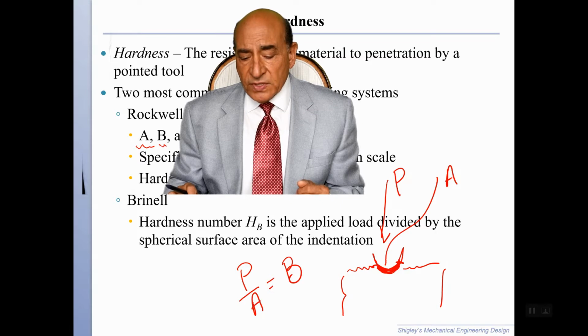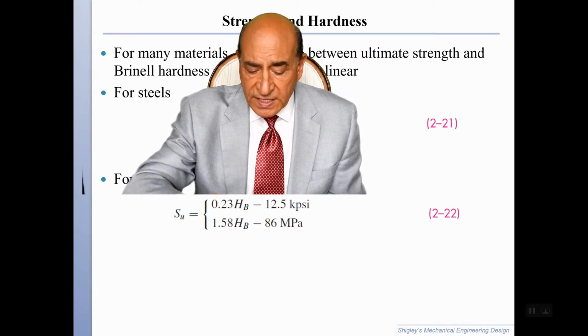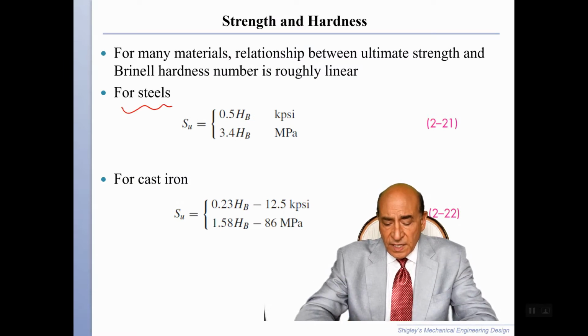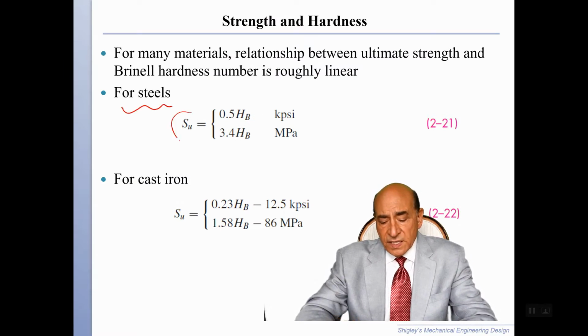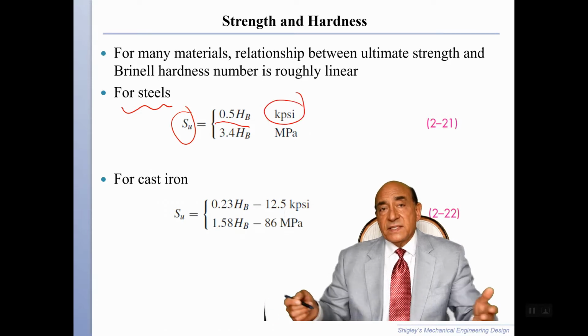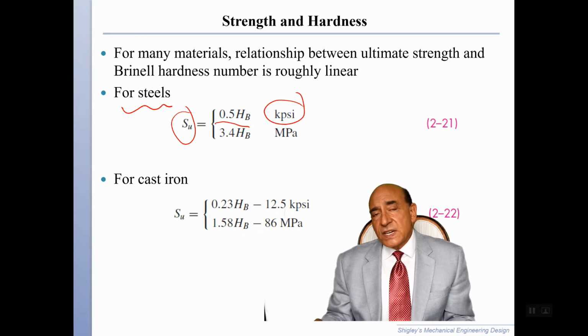Very, very useful. So it turns out that for steels, which are ductile, the ultimate strength of the steel is about half of the Brinell hardness number if you measure it in KSI. That's amazing, right? So if you just get a Brinell number of 100, then the ultimate strength of the steel will be 200 KSI.